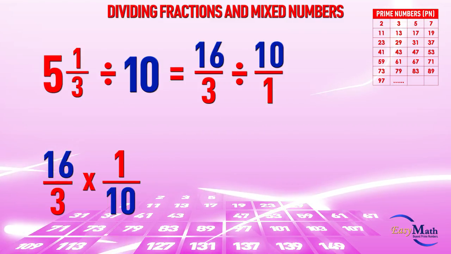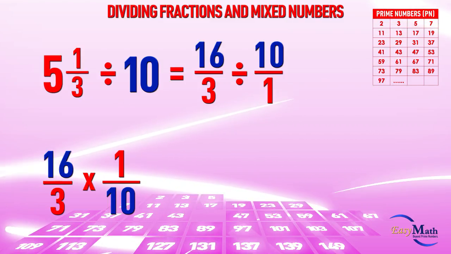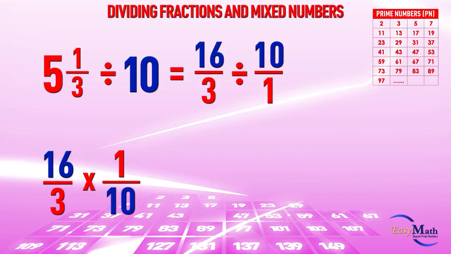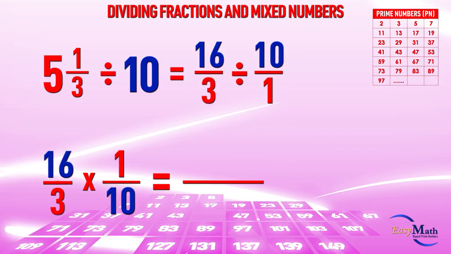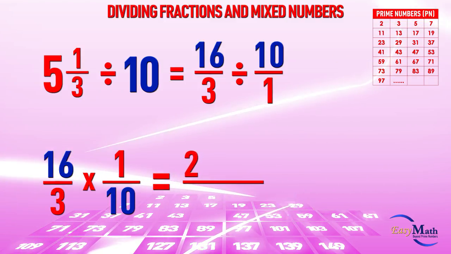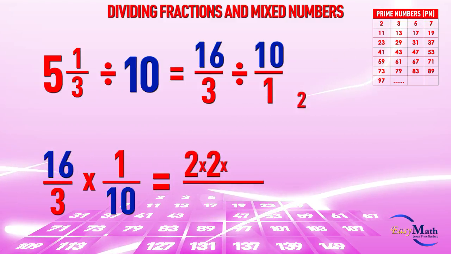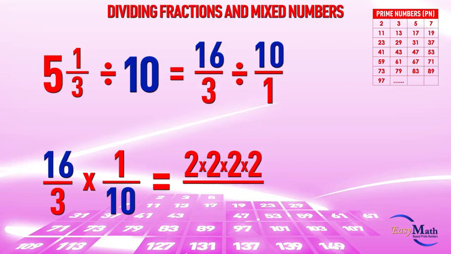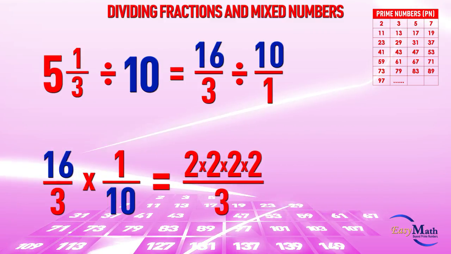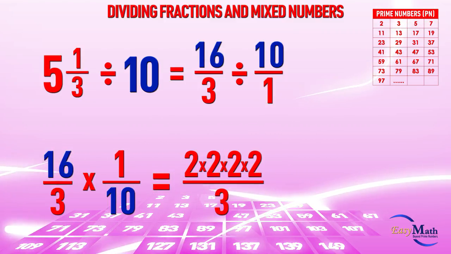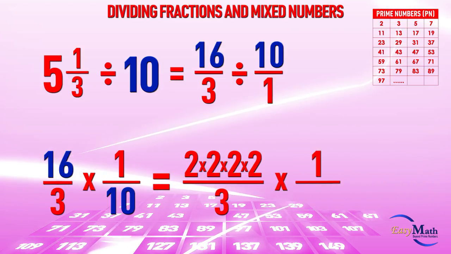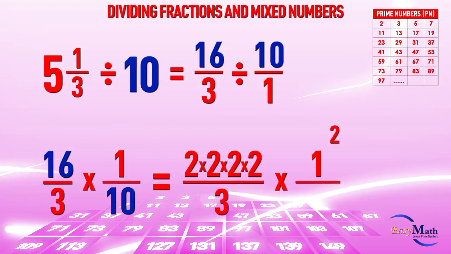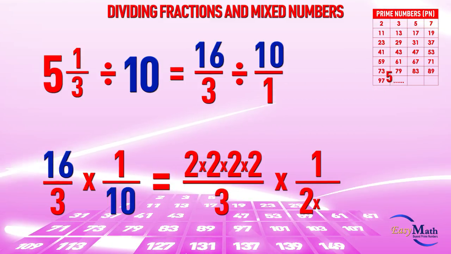Now we see that we have some fractions here that can be factored down into prime numbers only. Well, 16 we know is 4 times 4. But those can be broken down into primes. So we have 2 times 2 times 2 times 2, all over 3, which is a prime. And we're going to multiply that by 1, because that's a prime. And 10 can be broken down into 2 primes, 2 times 5.